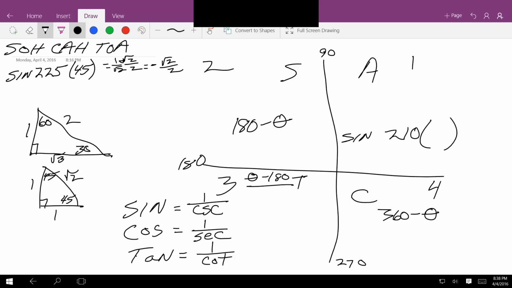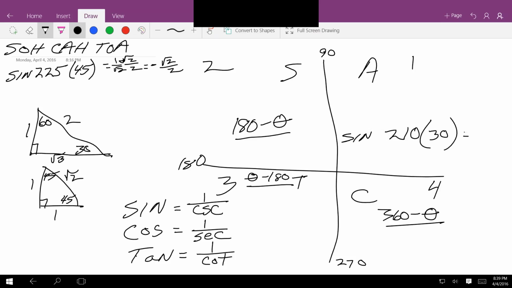Theta minus 180. In other words, every time I ask you the reference angle, you want to use one of these three equations, depending on which quadrant you're in. Well, we're in the third quadrant. So theta is 210. 210 minus 180 gives you 30.